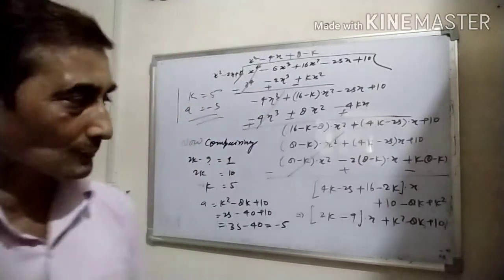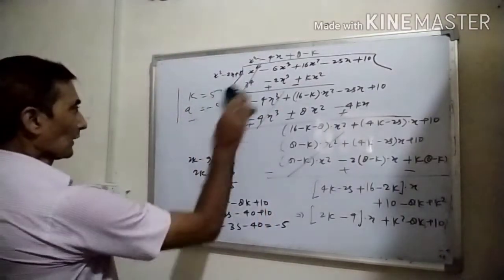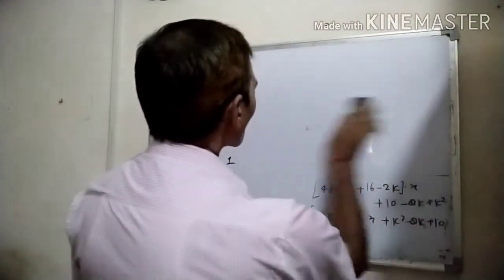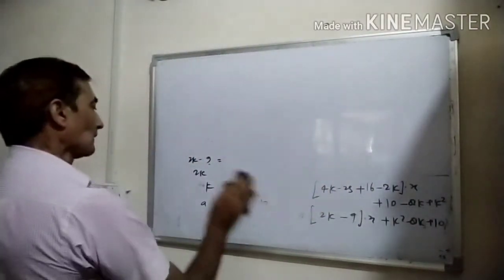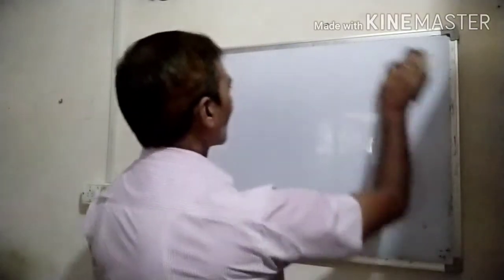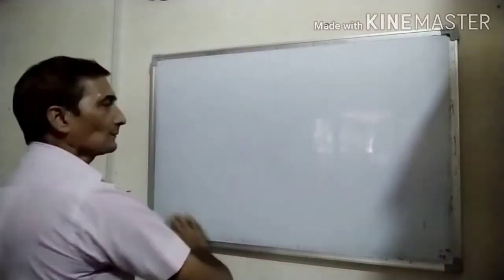So the question is solved, students. By this, the chapter polynomial is finished. You can say that the chapter polynomial is completed.